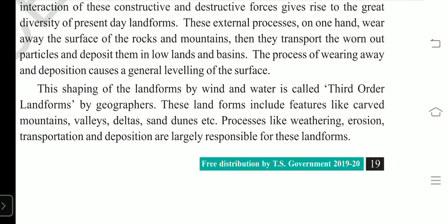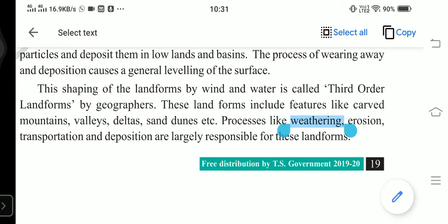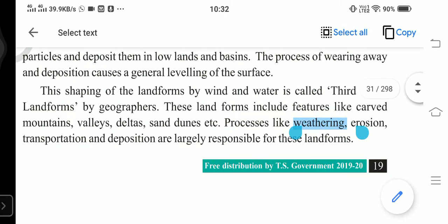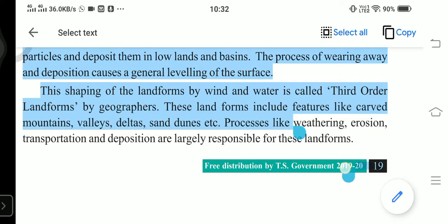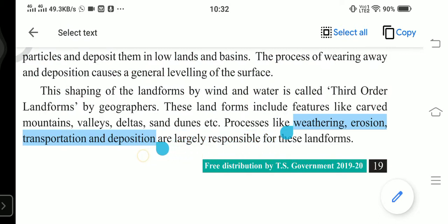Denudation process. So the denudation process consists of several stages, my dear students. What are those? Weathering, erosion, transportation, deposition.